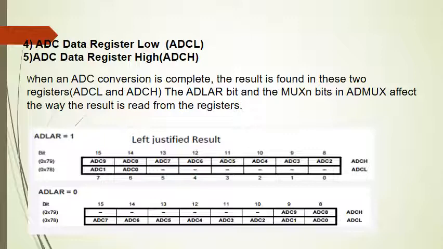Left justified means, as you can see in the image, that the first two bits will be stored in the lower register and the remaining 8 will be stored in the higher register. And if ADLAR equals 0, the result is right justified, and the lower register will store the 8 bits and the remaining two bits will be stored by the higher register.